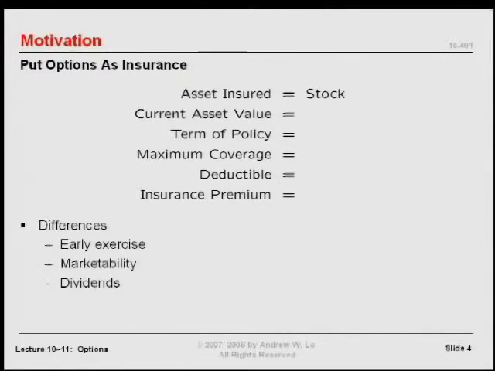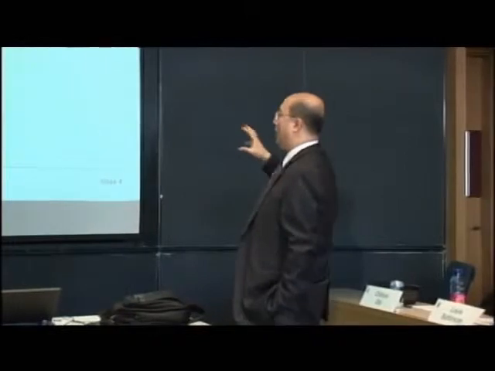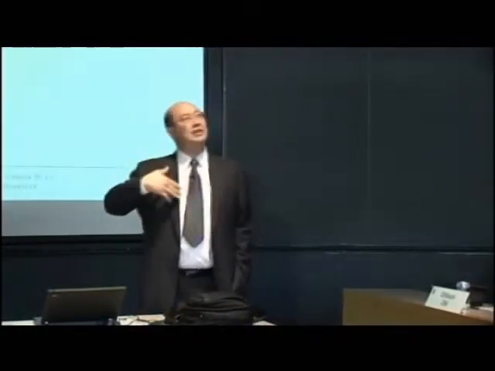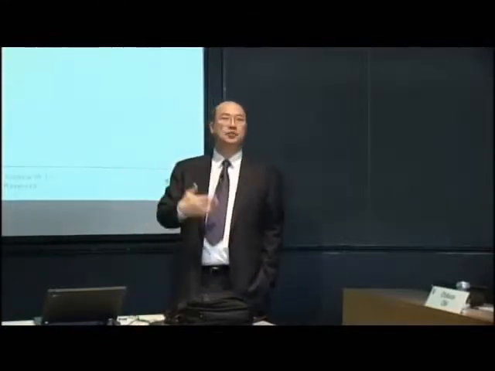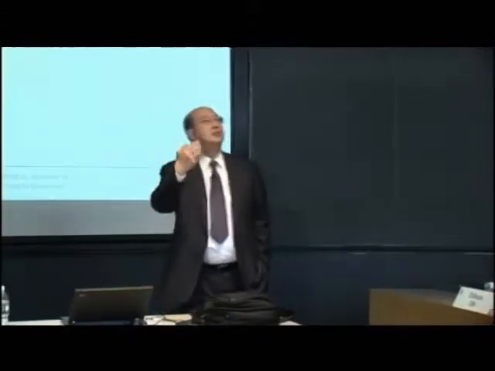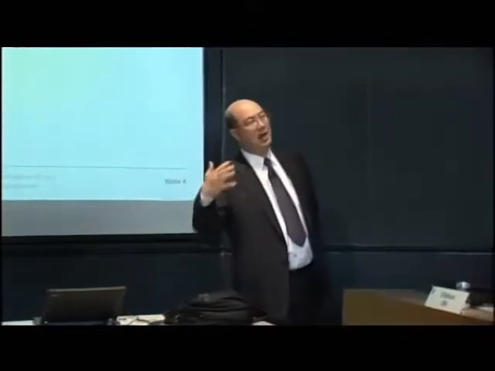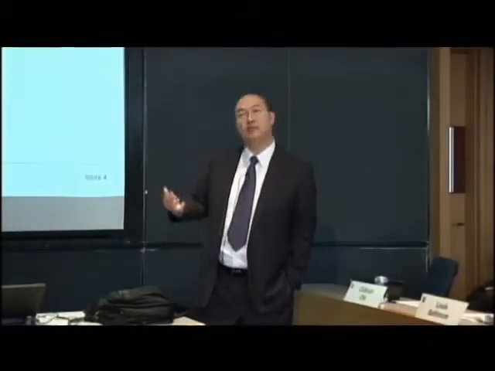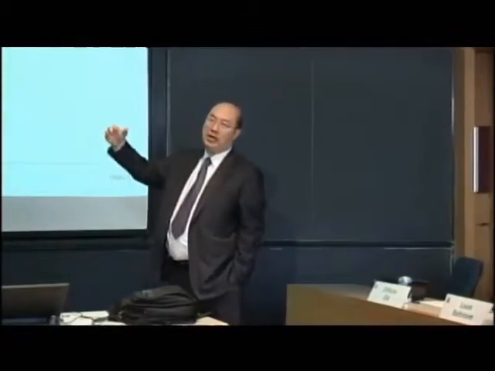You can decide at any point that you want to exercise it. Also, unlike insurance contracts, options can be bought and sold on organized exchanges. So you can buy a put option, you can sell a put option. Finally, dividends have an impact on options, so most options have dividend protection, in the sense that if a dividend is paid, the strike price will be adjusted accordingly.